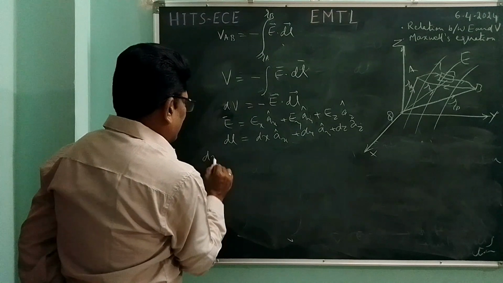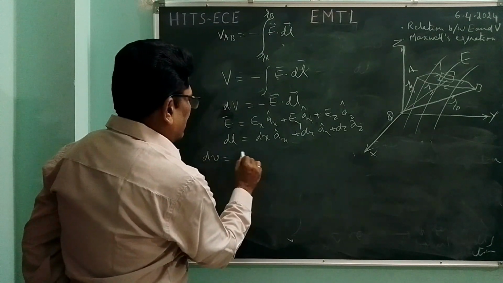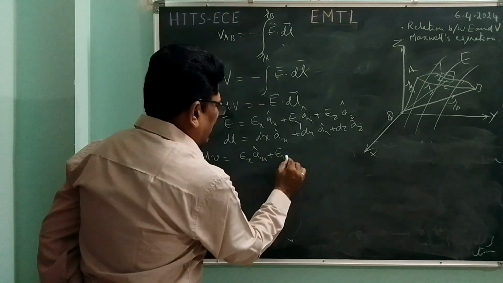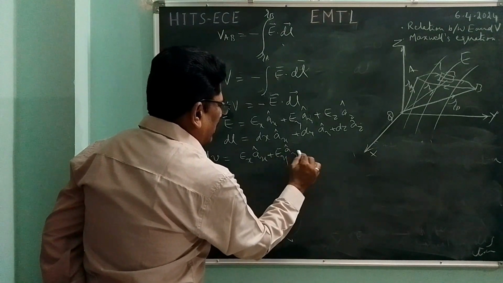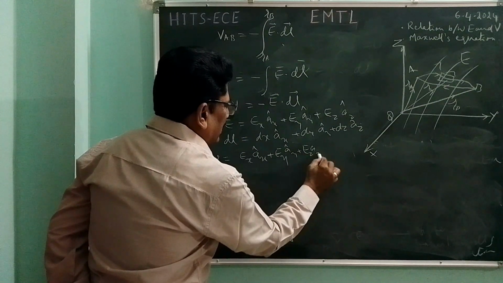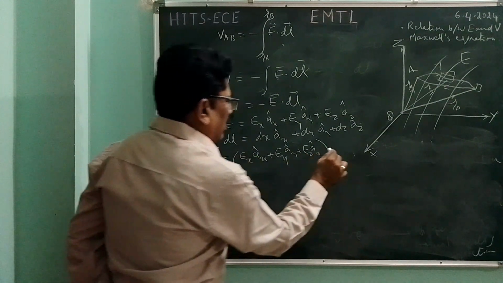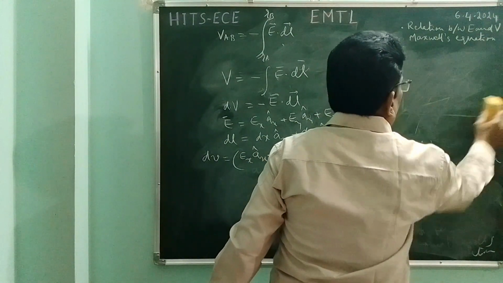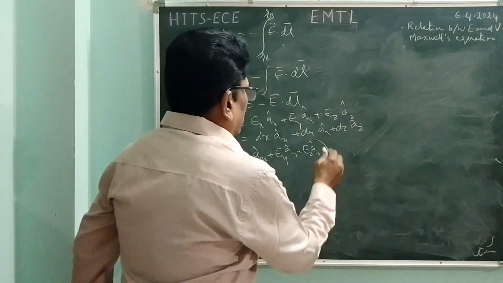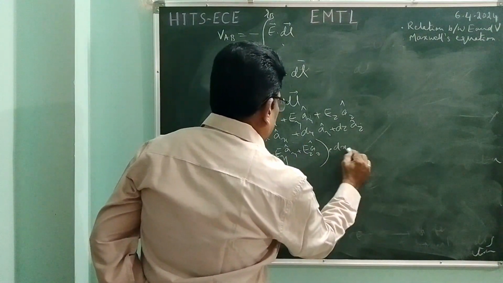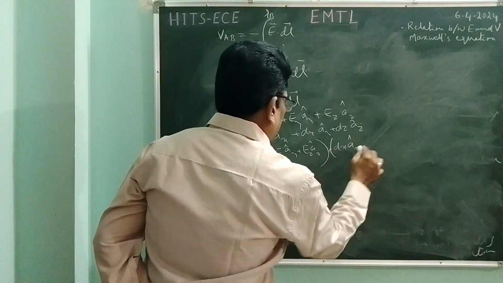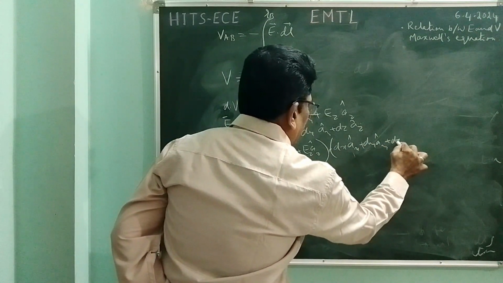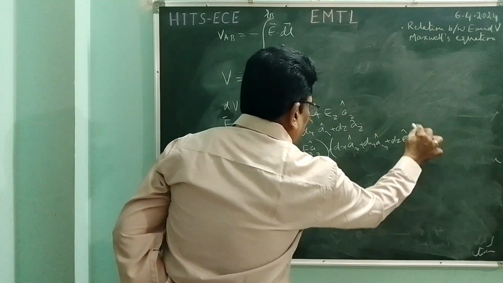Then dV is equal to Ex Ax cap plus Ey Ay cap plus Ez Az cap dot dx Ax cap plus dy Ay cap plus dz Az cap.